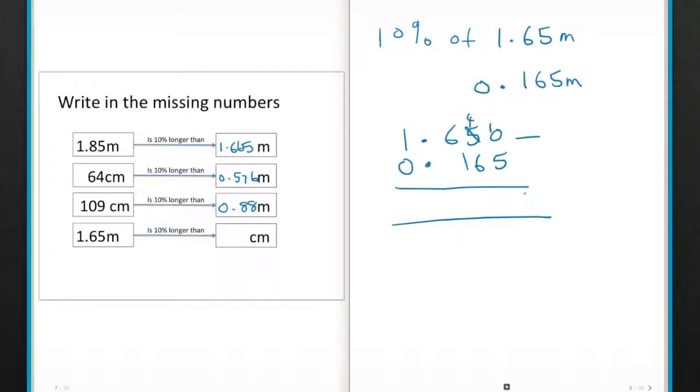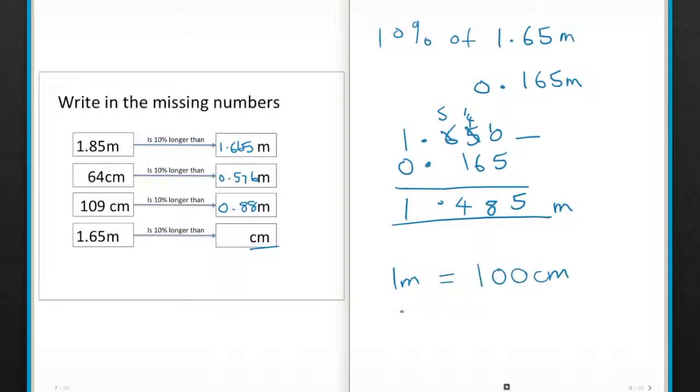10 take away 5 is 5. 14 take away 6 is 8. 5 take away 1 is 4. 1. 1.485 metres. But we want our answer in centimetres. 1 metre equals 100 centimetres.